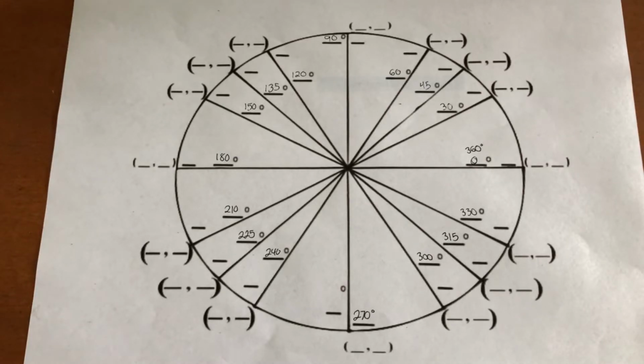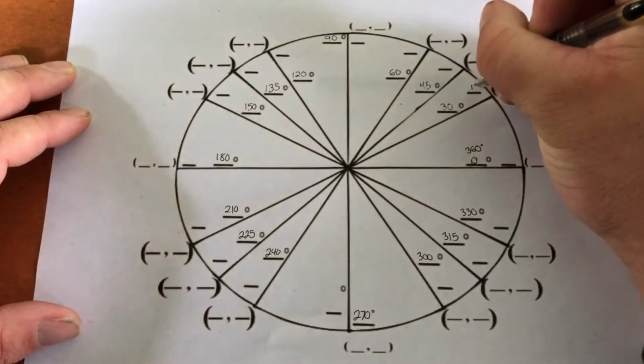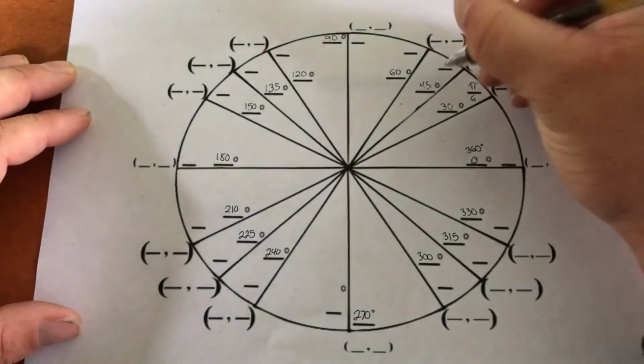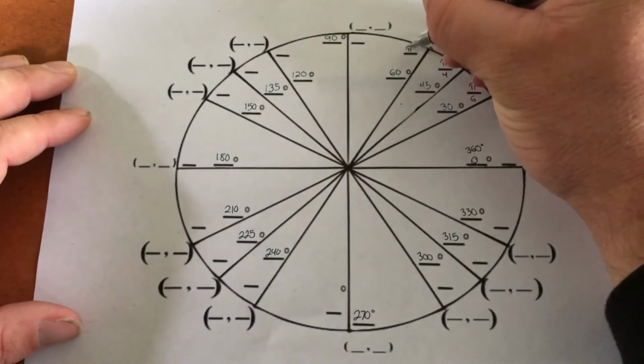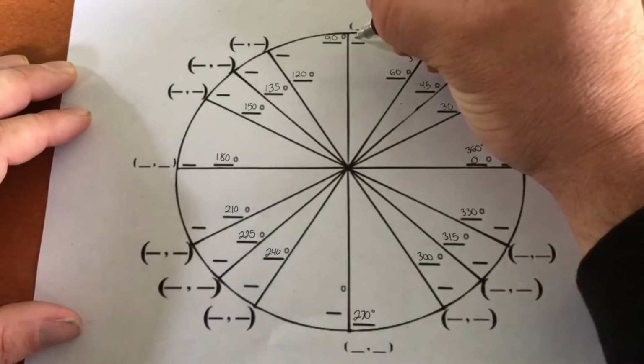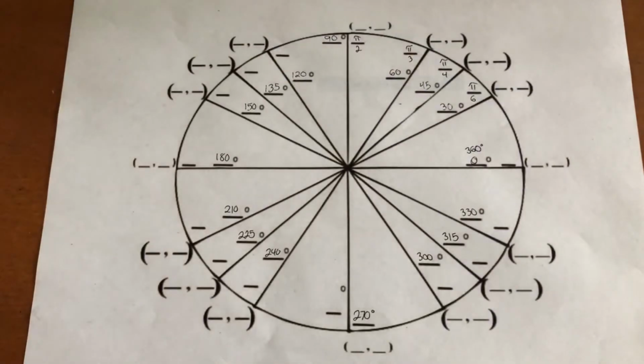And so I learned a trick that made things easier for me. So when I start over here, this is pi over 6, pi over 4, pi over 3, pi over 2.